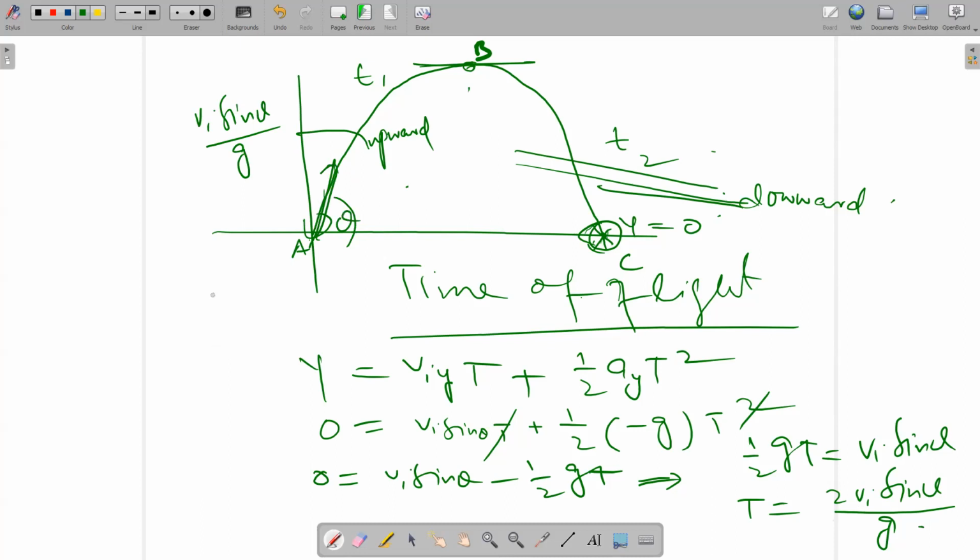And the coming down time is Vi sine of theta over g. If you add these two times, it gives you the time of flight, the time remaining in the air. So this is our height. This height we will find in the next lecture.